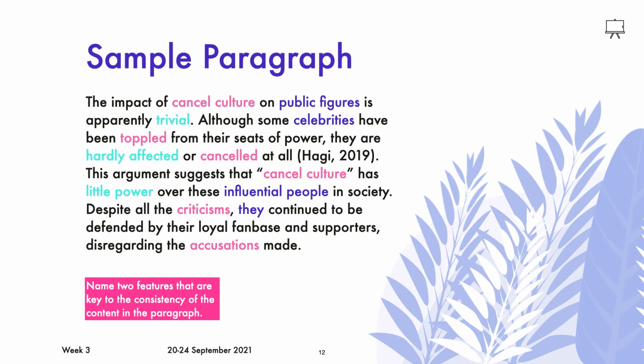Right, let's continue. So here we have the bonus question. We talk quite a lot about cohesion and coherence. In the previous slide, we talked about the function of shell nouns.